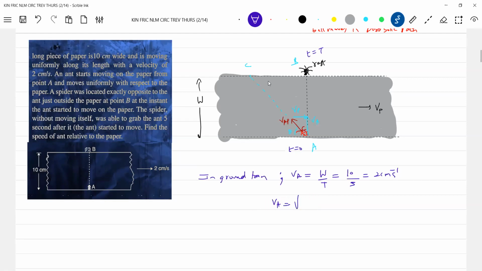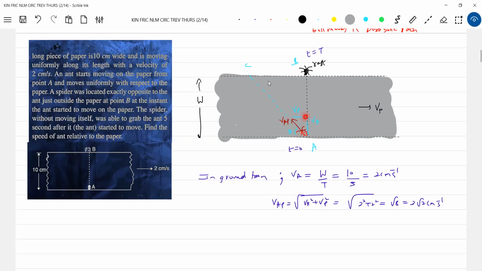So speed of the ant with respect to this will be root of 2 square plus 2 square, root 8, 2 root 2 centimeter per second. Is that okay? That is the speed of the ant with respect to paper.